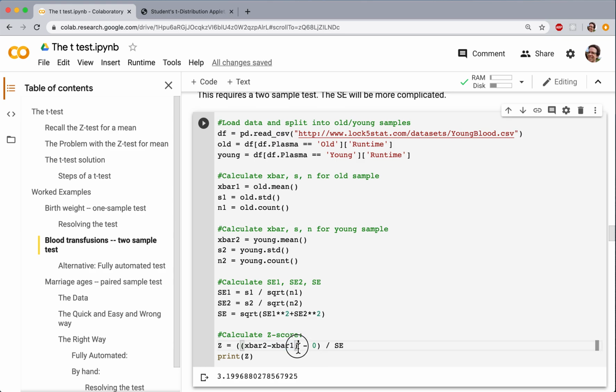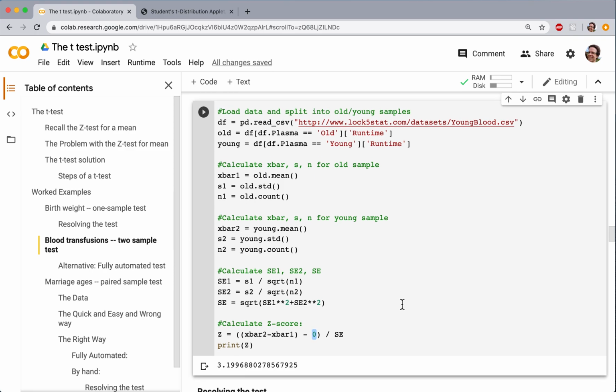And so this is the measured value for the difference between the means. This is the expected value for the difference between the means if the null hypothesis is true. So if the null hypothesis is true, there should be no difference at all. So you want to think of this as the measured difference, and then you want to think of this as the expected difference, and then we divide by the standard error, but it's specifically the standard error for the difference that we're dividing by, and that will give us a z-score.